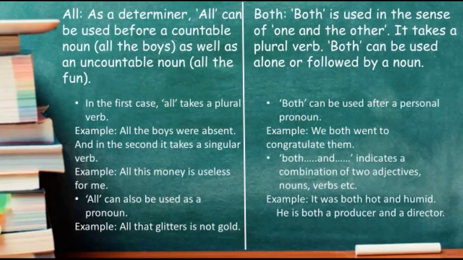Both and indicates a combination of two adjectives, nouns, verbs, etc. For example, it was both hot and humid. He is both a producer and a director. So they do a combination of two adjectives, nouns, or verbs.